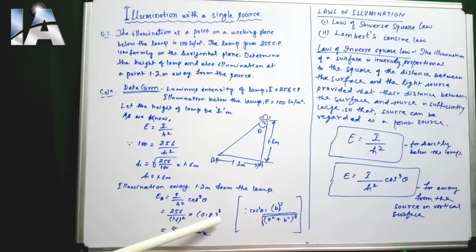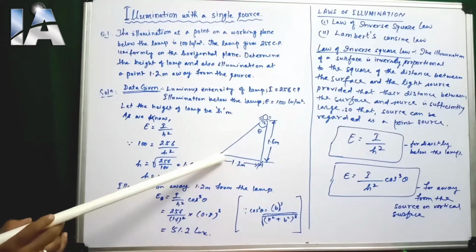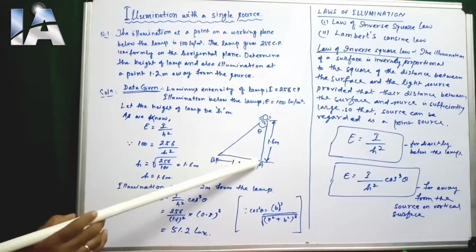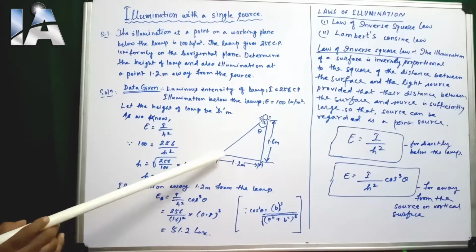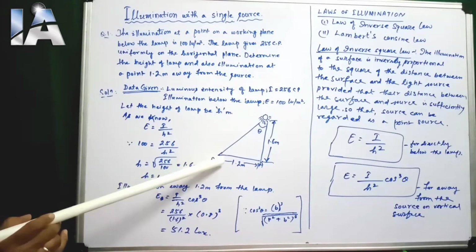So cos cube theta is 0.8 cubed. Then I is equal to 256, h is 1.6 meter, and cos theta is b by h, which is 0.8, so you put 0.8 cube. By solving this, you will get 51.2 lux. So the illumination at this point, 1.2 meter away from the source, is 51.2 lux.